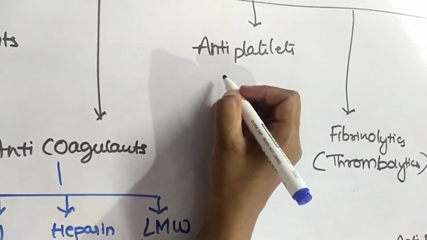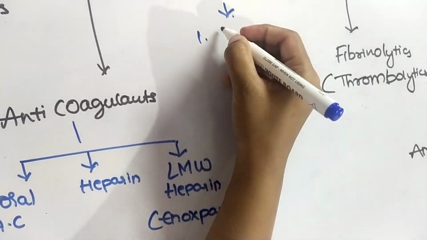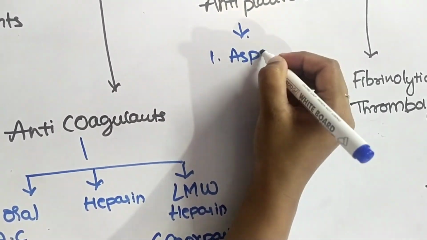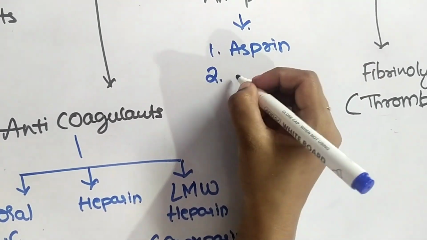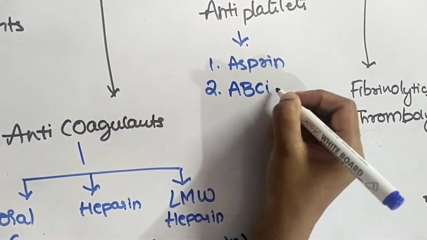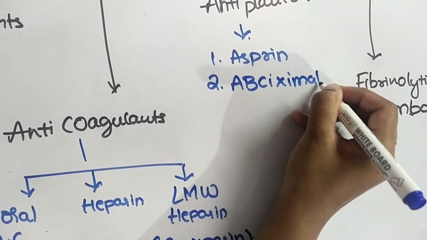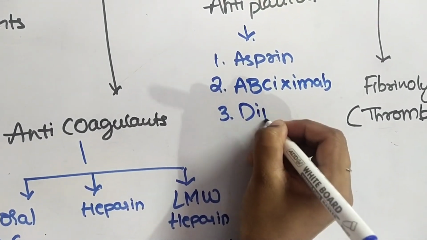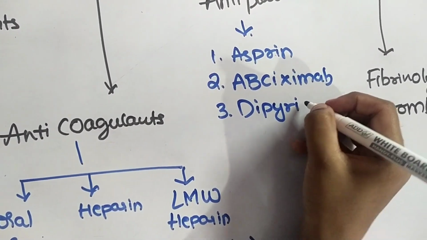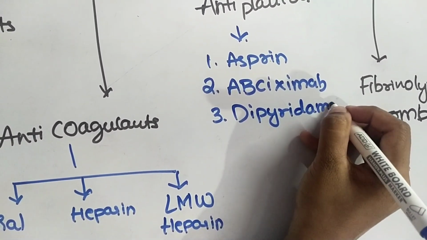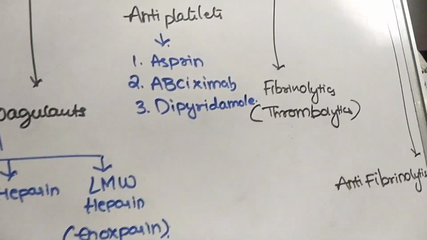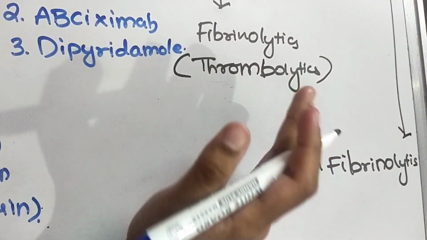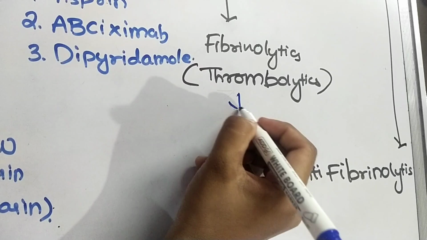Then in antiplatelets we have aspirin, abciximab, and the third one, dipyridamole.